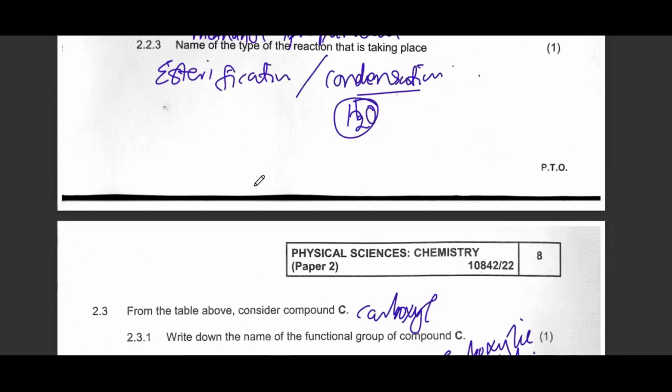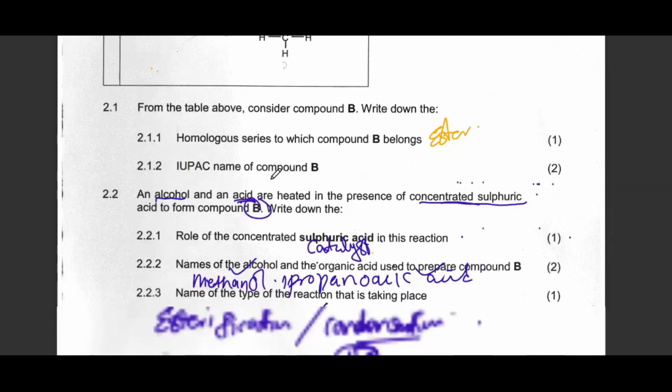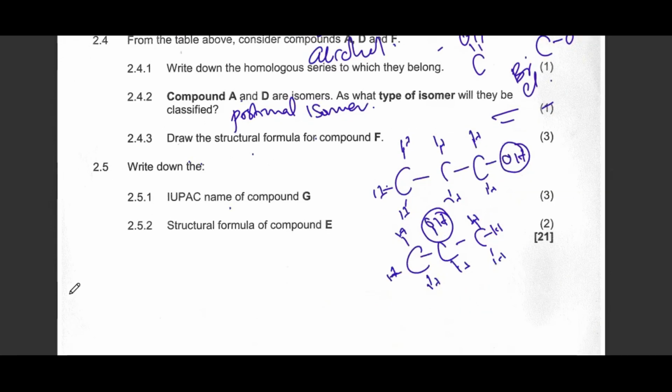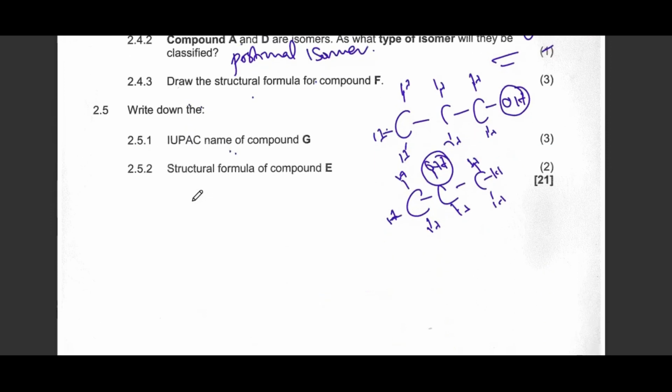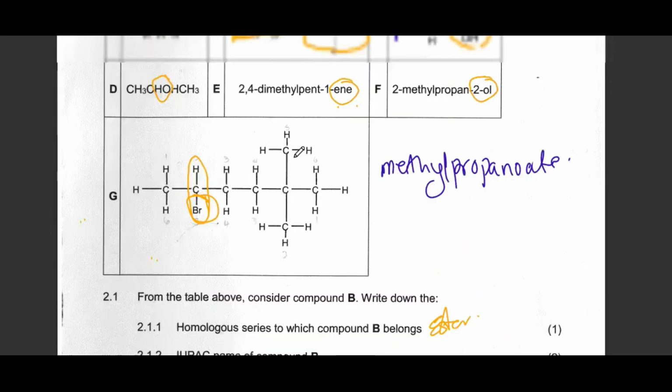Write down the structural formula of compound D. Yeah, compound D, that's exactly what I've drawn here. But even this oxygen must show a bond. Then they are saying, that's the drawing. Then the IUPAC name of G. Where is G?